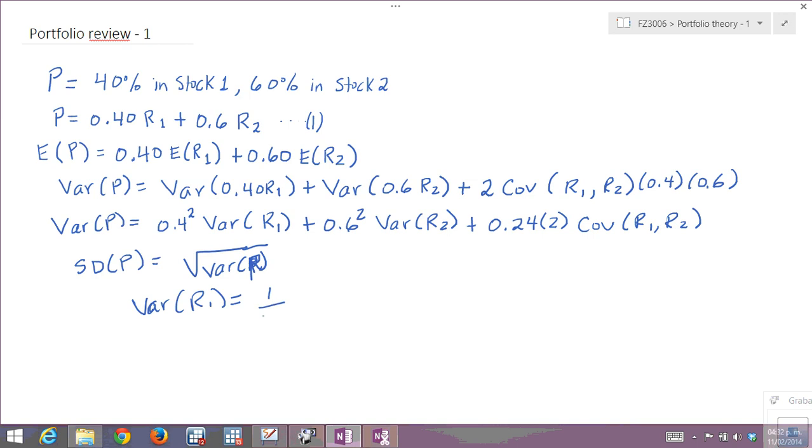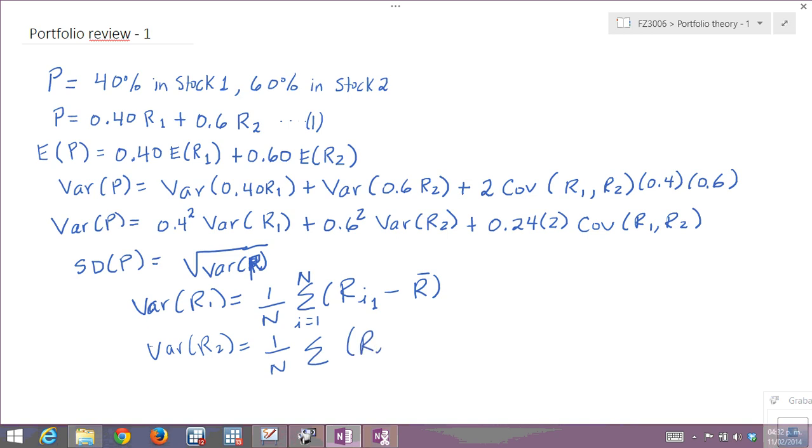Then this is basically 1 divided by n of the sum of every historical return of asset 1 minus its mean, from 1 to n. The same thing applies for the variance of return 2, basically the same formula but applied to asset 2.